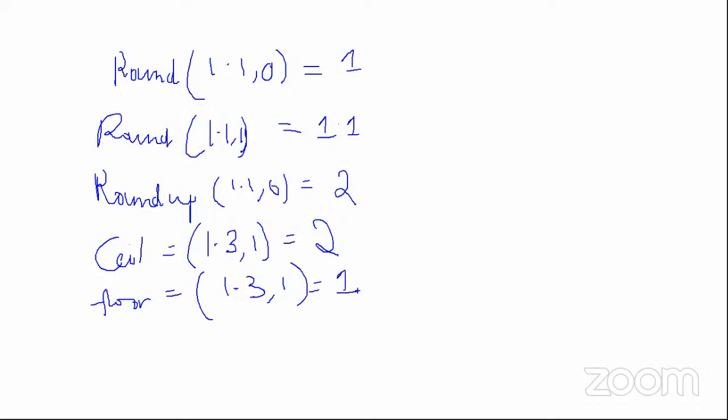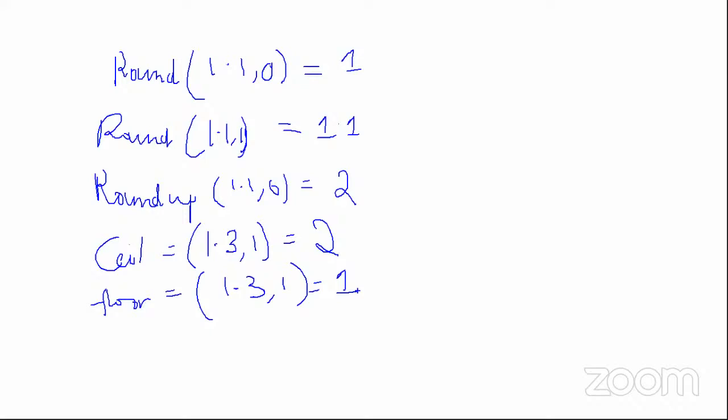So what do you mean by this ceiling and floor, guys? Anyone can unmute and speak. What is the difference between these functions? What are they doing? So these are all the functions available in Excel, which will help our data cleaning or data preparation.